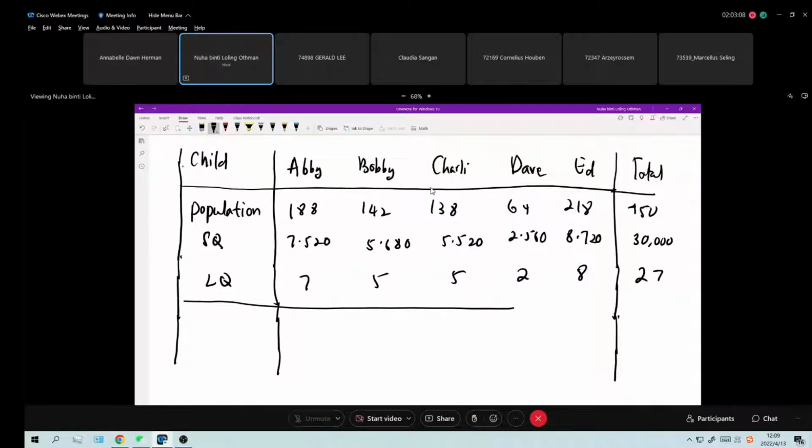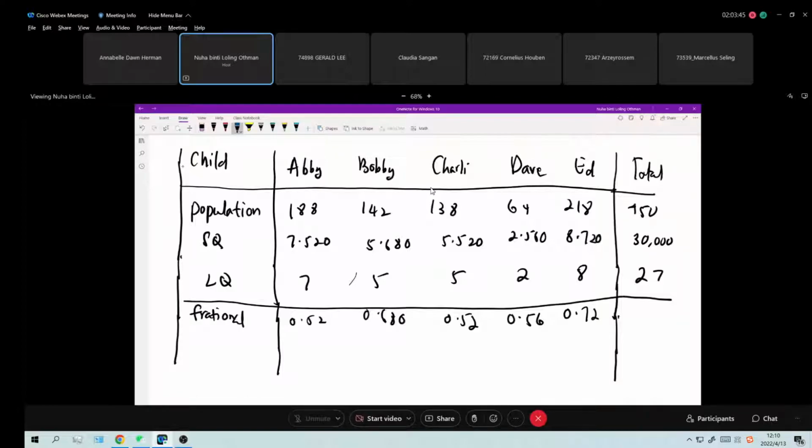So who will get the 3 extra surplus candies? These are the fractions: 0.52, 0.680, 0.520, 0.56, 0.72. Based on this, there are 3 extra candies.